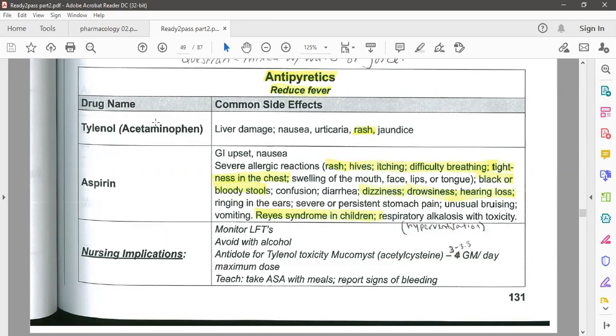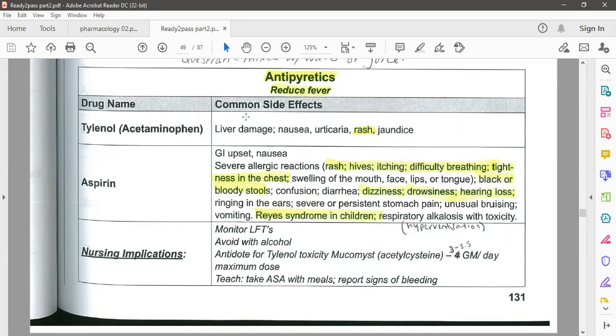So acetaminophen mode of action: they inhibit the prostaglandin synthesis in the central nervous system. The major side effect of acetaminophen is that they can cause hepatotoxicity, meaning liver damage. But keep in mind, they cause hepatotoxicity in high doses, not the dose we use, like 500 milligram.